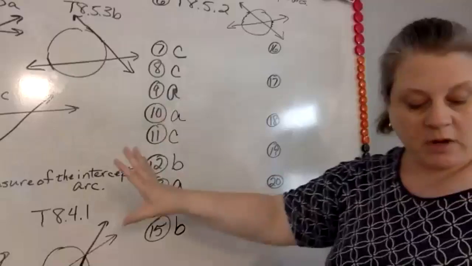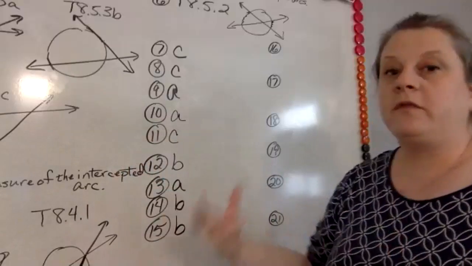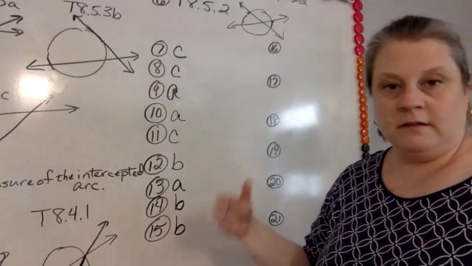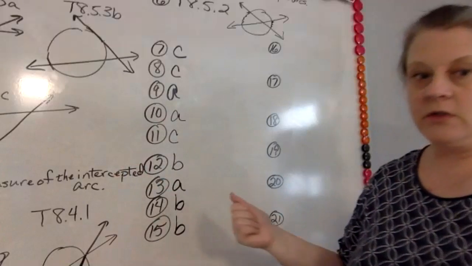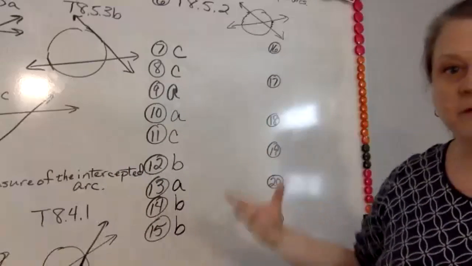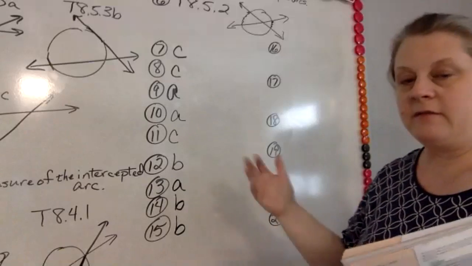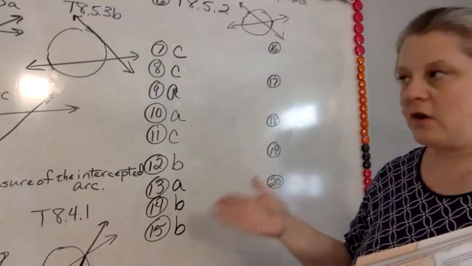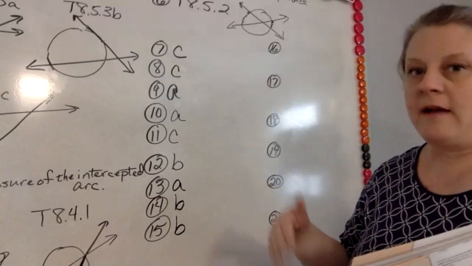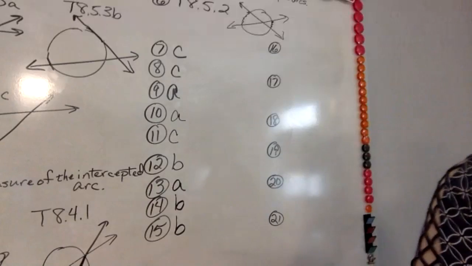Now it actually wants you to find the angle measures or the arc measures. So you're going to have to do the math work now, where you have to know whether you take half the arc itself, half the sum, or half the difference. That's what we're starting to work on with number 16.